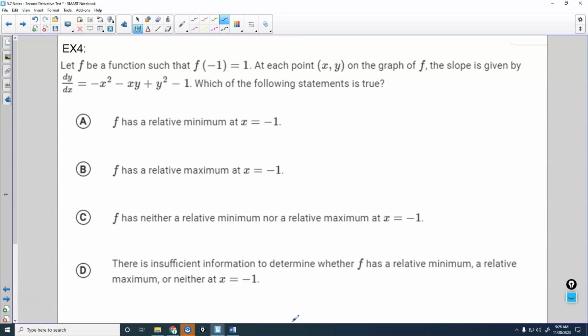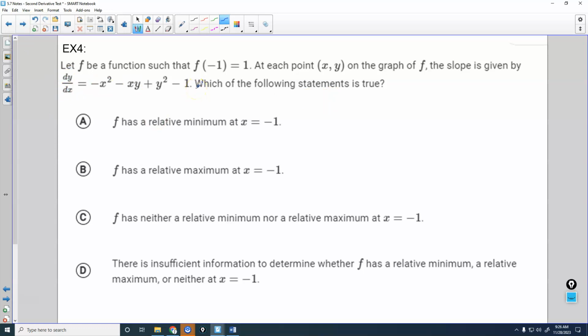Can you make a sign line with negative 1 right here whenever you've got x's and y's you would have to plug in? You cannot, because you've got x's and y's. So we're going to have to use the second derivative test on this, because you can't make a sign line for implicitly defined functions.